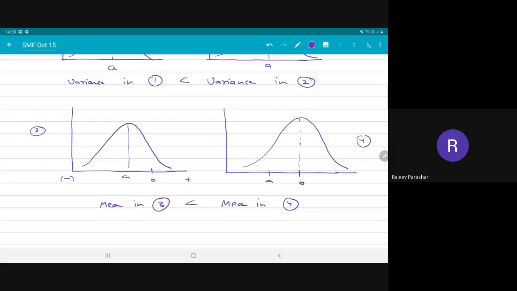As we move to the right, the value on the horizontal axis increases. So the mean of the distribution in panel 3 is A, that's to the left of B. So mean in panel 3 is less than mean in panel 4. Mean in panel 4 is B, because A is to the left of B on the horizontal axis. That's how we know.